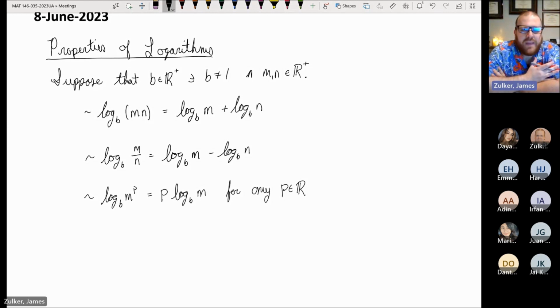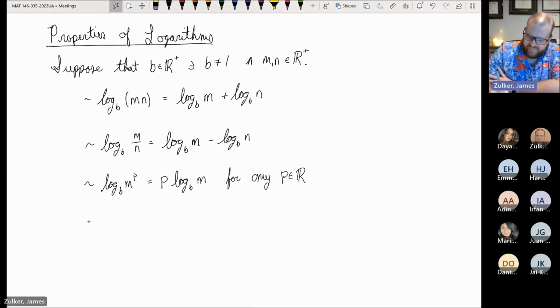Take the log of m raised to the p power. It is p times the log of m for any real number p. Log base b of 1, so log of 1 is always 0.